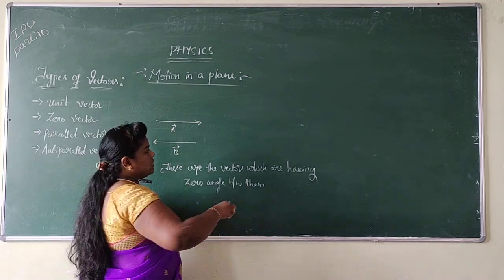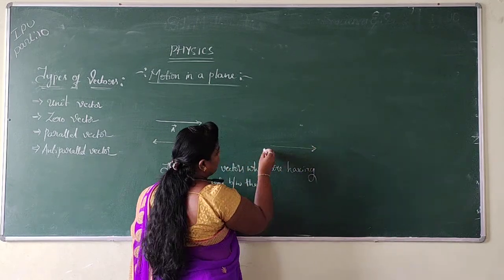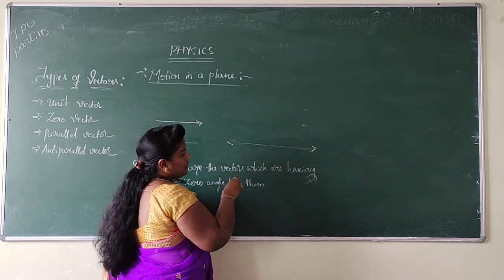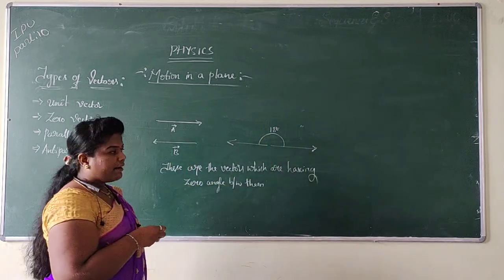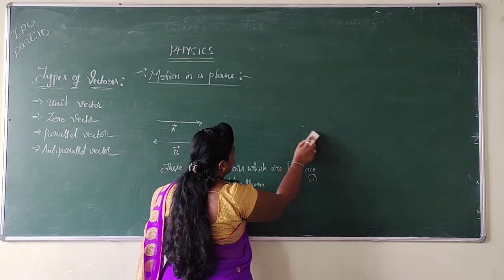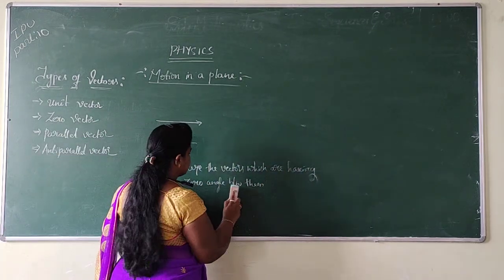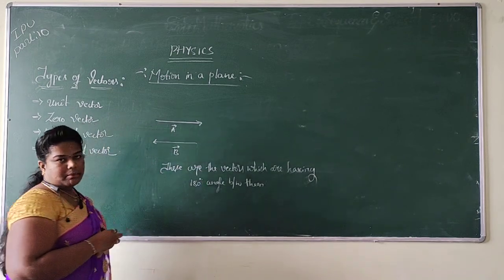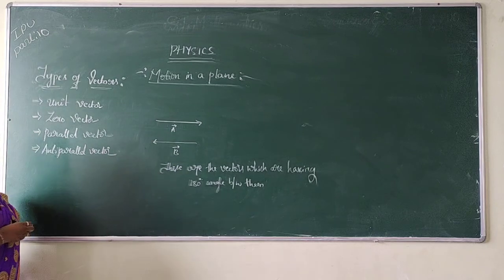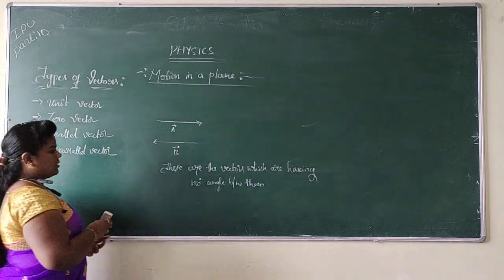Then the angle between them is equal to 180 degrees, right? So the anti-parallel vectors are the vectors which have a 180 degree angle between them.